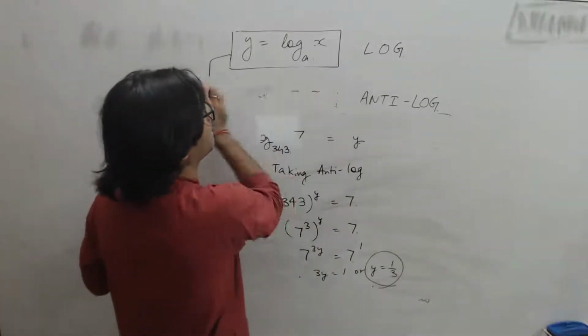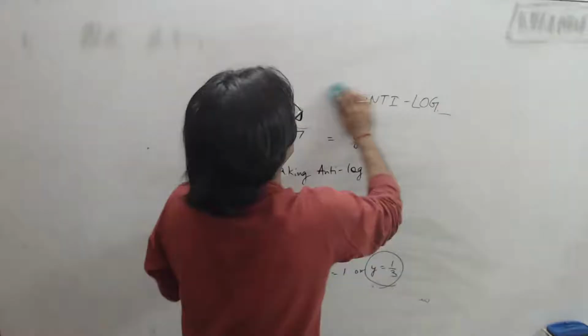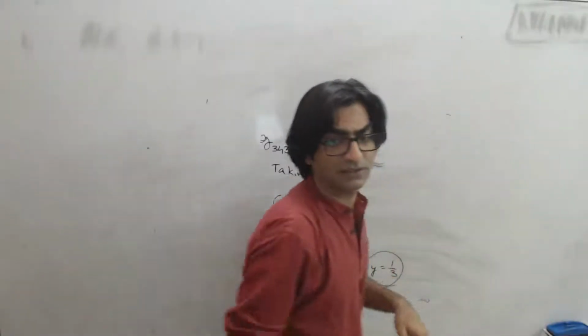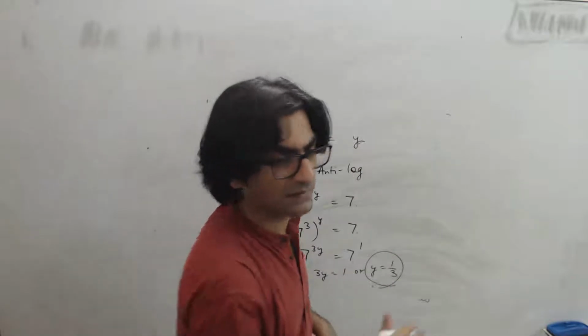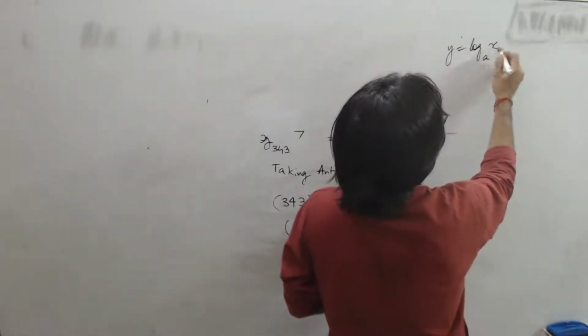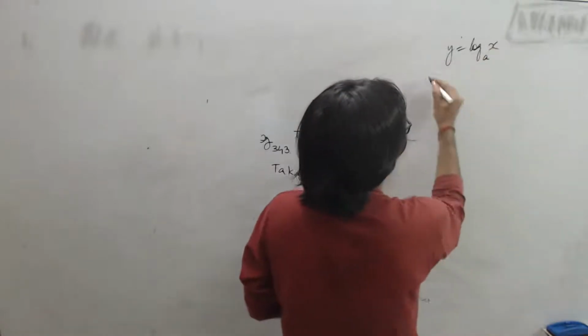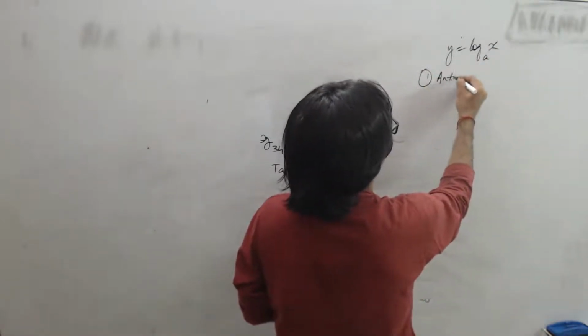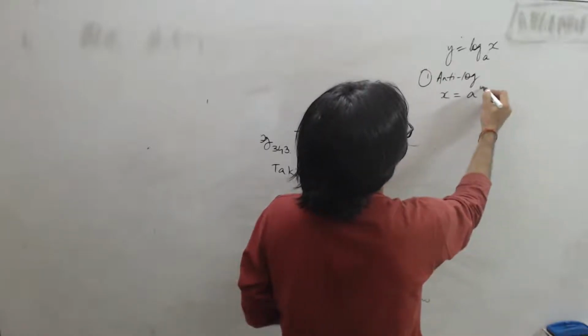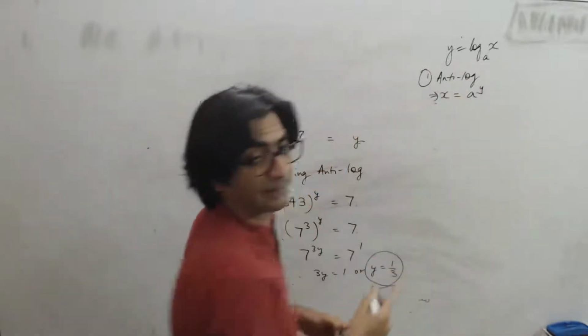What power? And I'm going to write the log anti-log operation to the right just as a reference for us. So if y is equal to log of x in the base a, then the first operation we learned is the anti-log, which basically says x will be equal to a to the power y.